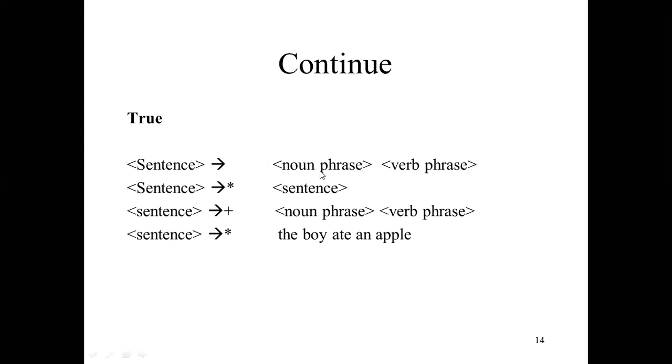Sentence, single arrow, noun phrase, verb phrase. So it is right that whenever we break the sentence in the context of English grammar, it is equivalent to noun phrase and verb phrase.